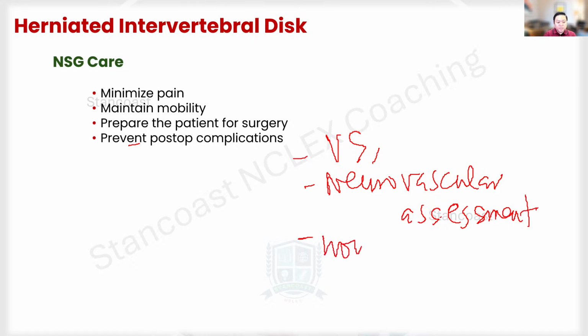Wound care. That is also another thing that we need to keep an eye on. Looking into the skin color, if there is redness, swelling, signs of drainage, pain into the surgical site. We want to make sure that we are reporting these signs of infection to the medical provider.